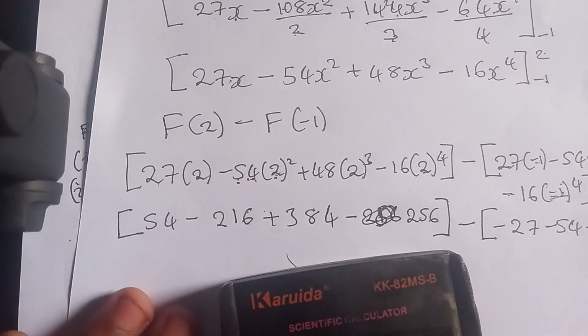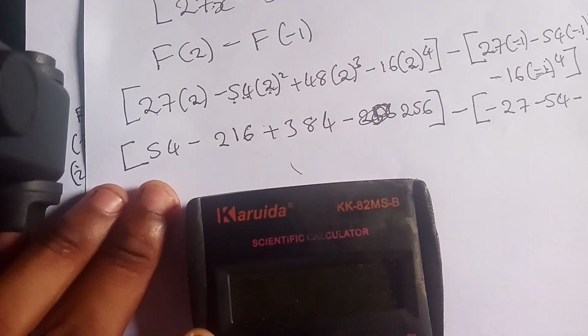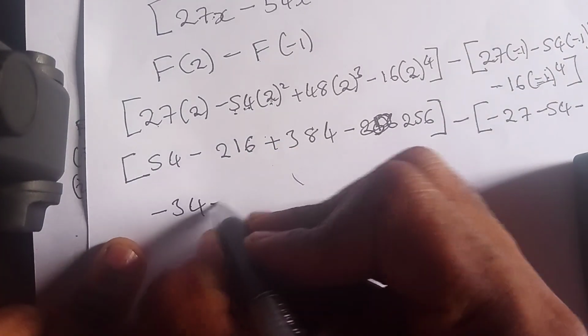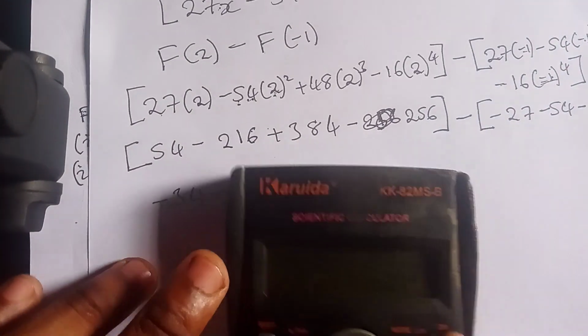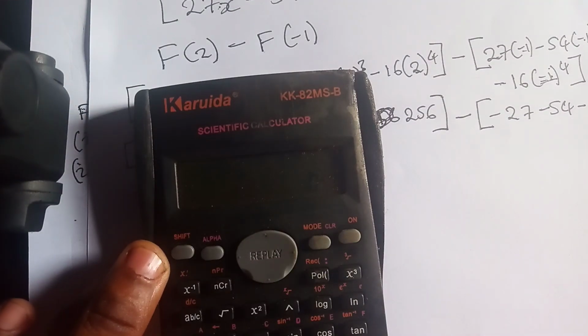And then next we can add. So I'll just quickly punch all these numbers on my calculator. So I have 54 minus 216 plus 384 minus 256. This is giving me negative 34, and then minus, we have negative 27 minus 54 minus 48 minus 16.